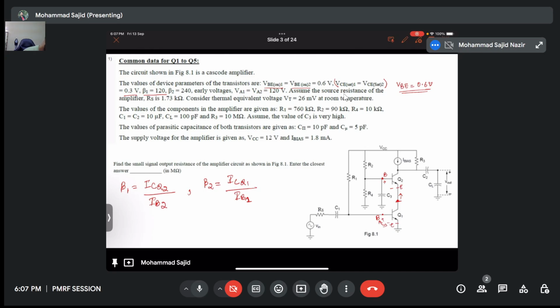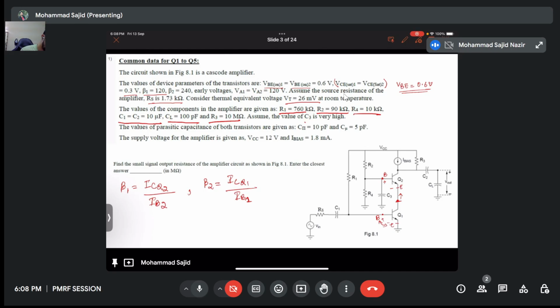Early voltage is also given, which will be required to calculate lambda. Assume the source resistance of amplifier is 1.73 kilo ohm, and thermal equivalent is given also as 26 millivolt. The values of components of the amplifier, as these are the components, which are used in bias the circuits.